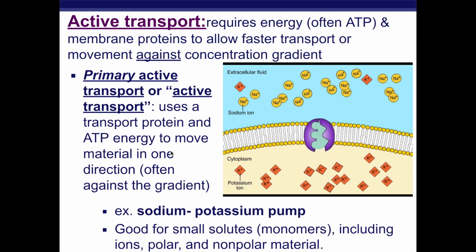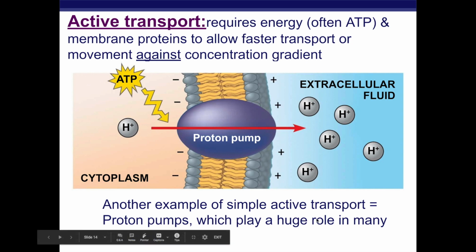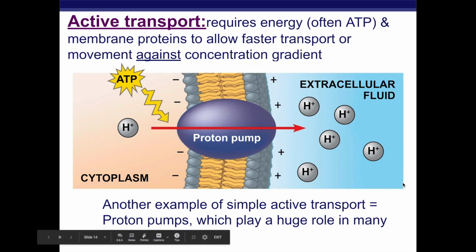You'll get into it if you do anatomy or AP Bio. Okay, another type of active transport protein that we're going to talk about quite a bit is the proton pump. And this is a big one we're going to be using in our class. You use the proton pump to create, again, another charge difference gradient by pumping a lot of the hydrogen ion onto one side of the membrane.